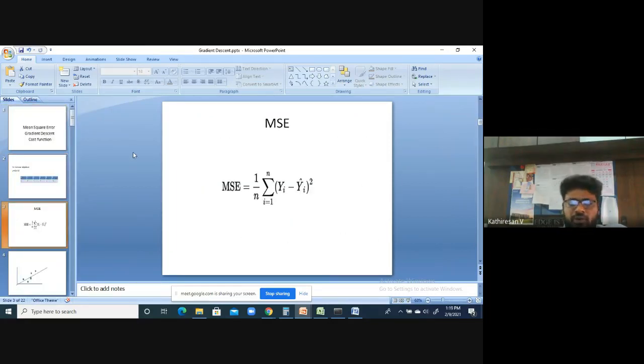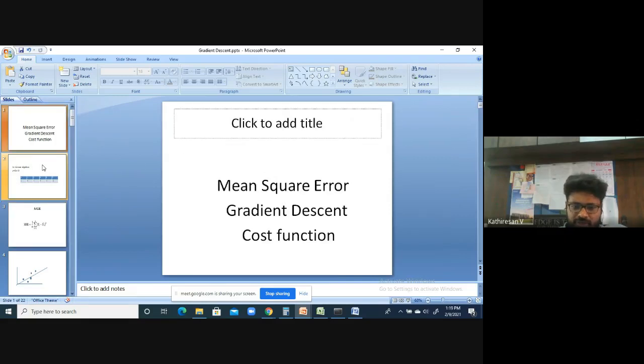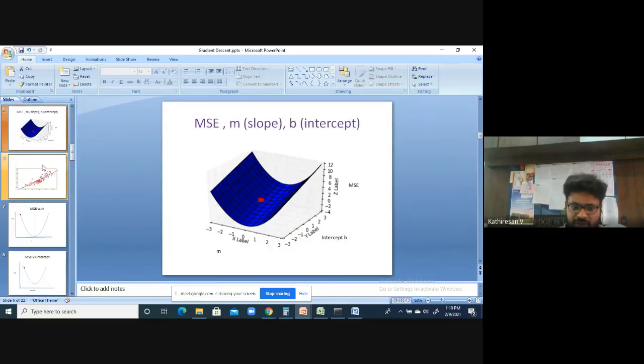If you want to identify the direction of this particular curve, see here, it is represented as a parabola just for understanding.